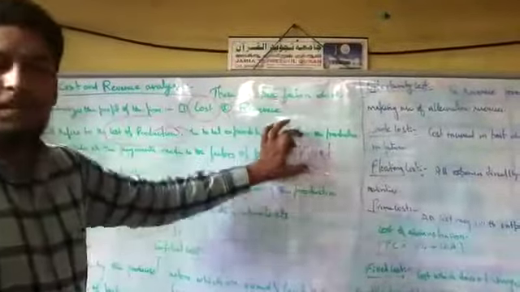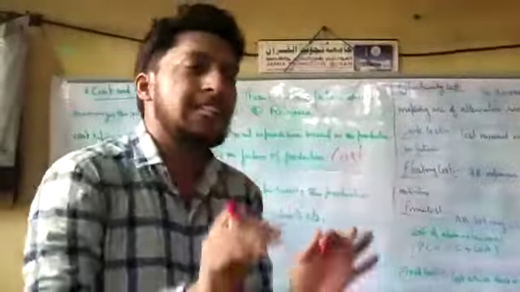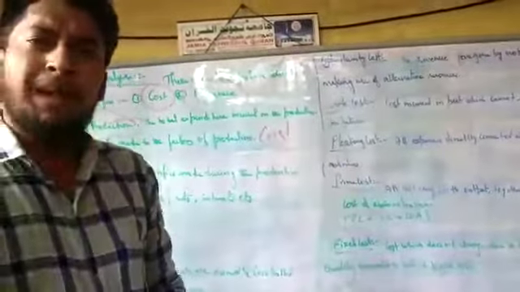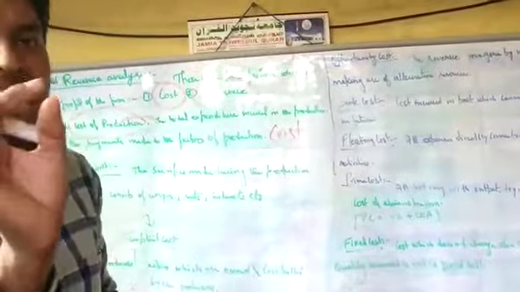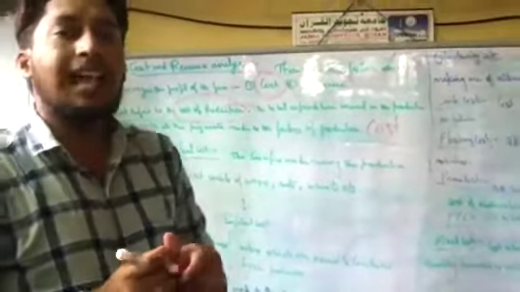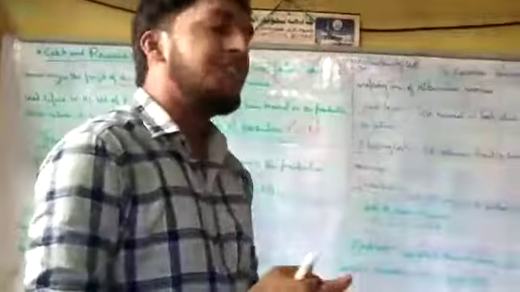So this cost means nothing but whatever expenses, every paid expenditure, every paid output of the factors of production that take place in a product, that is called cost. Okay? This cost in economics has been segregated into various aspects.